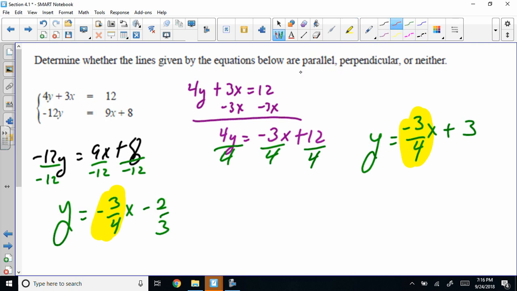The same, which means that those are parallel. Okay? Any questions on that? So it's just basically manipulating the equations. Okay. All right. Y'all good? Yeah.